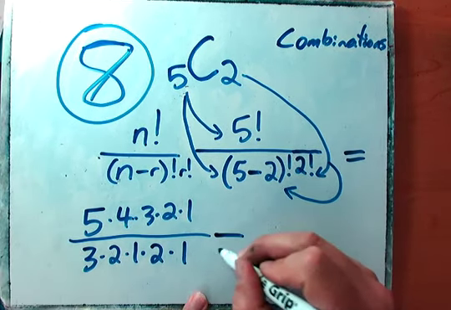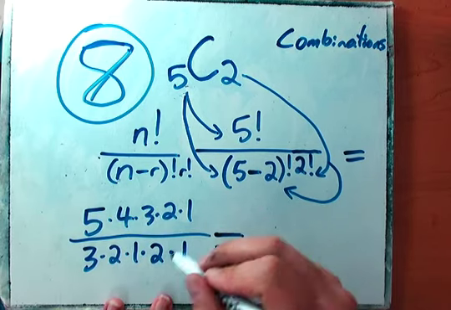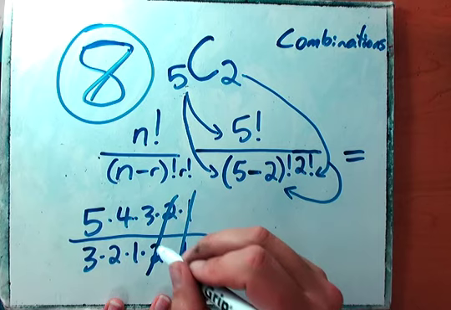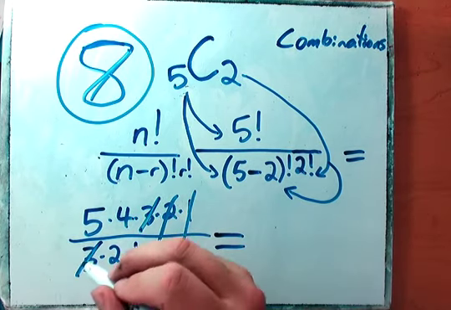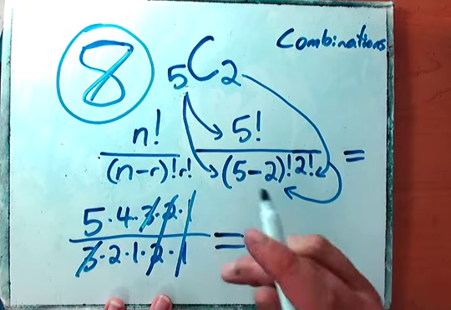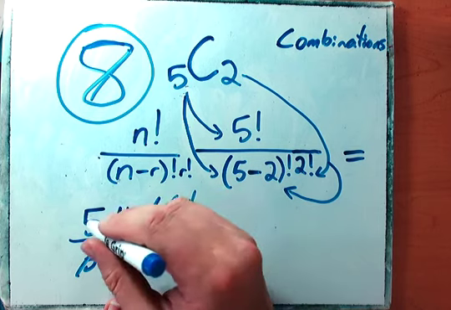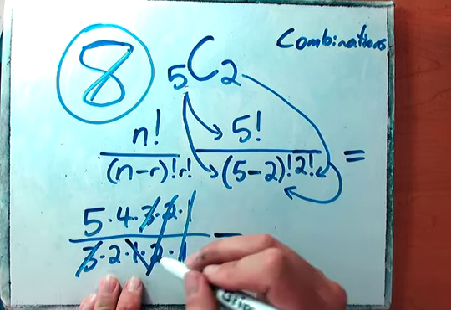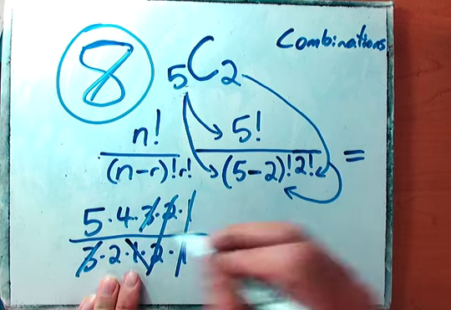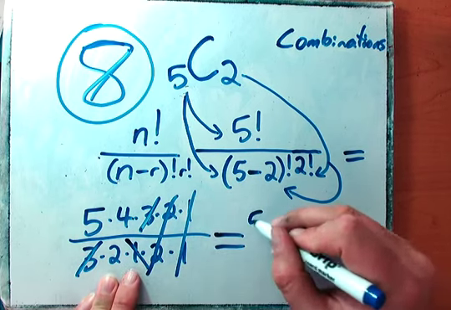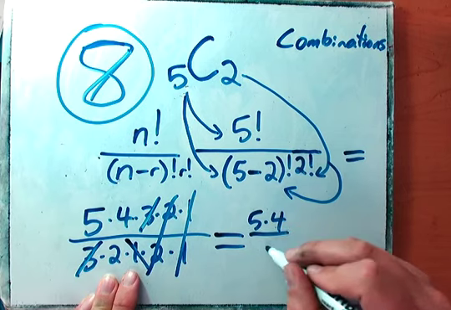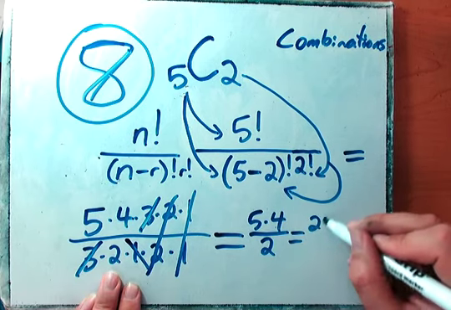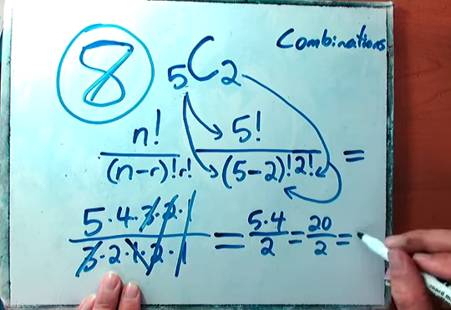Well, now we have to cancel, because these numbers are the same on top. This 3 is the same as this 3. And then we're left with 5 times 4, but this 2 still hasn't been factored in. 1 doesn't really matter, so we can get rid of that. So we have 5 times 4 over 2 is still down here. So that's just 20 divided by 2, or 10.